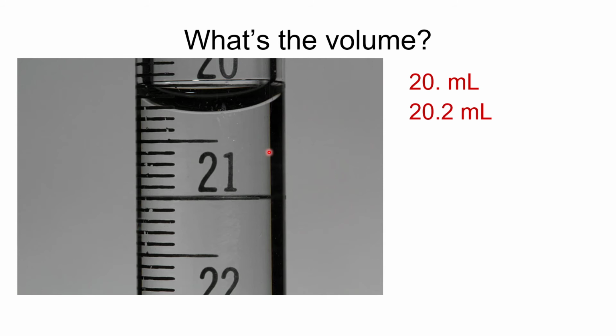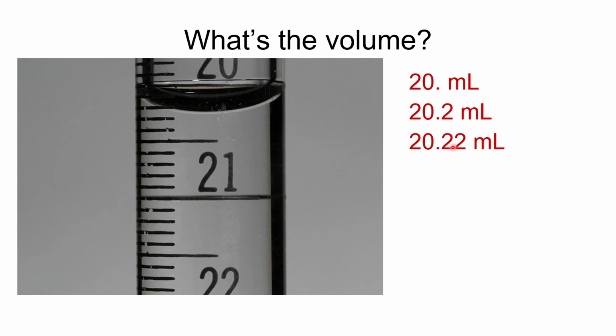Well, what about the next digit? How far, and this is where our estimate is, how far between this 0.2 and that 0.3 is it? Again, perfectly reasonable people can look at this and come up with different numbers. And that's where the uncertainty is. And so when I looked at this, I said, I'm going to call that 20.22. But again, somebody could look at that and say, no, that's more like 20.24 or 20.23.